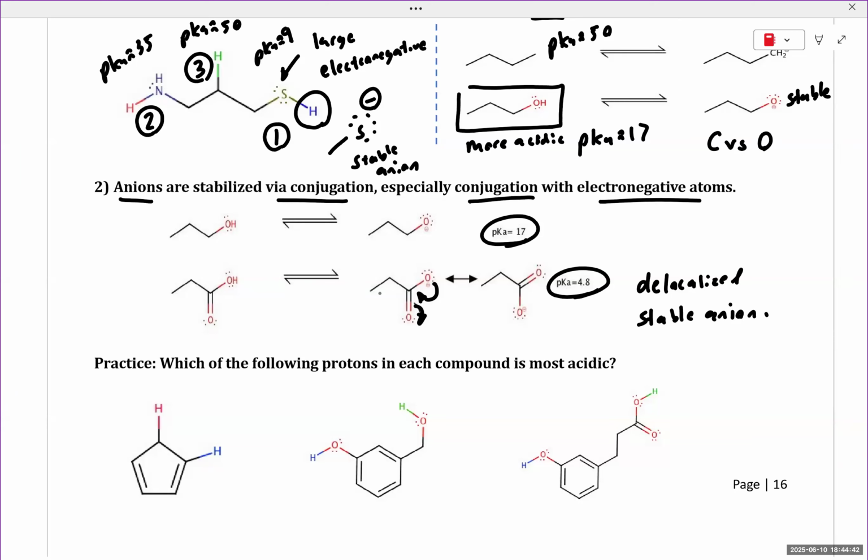One thing I'd like to draw your attention to is that in the carboxylic acid, this anion is not just stabilized via conjugation to any atom, it's especially stabilized because we can distribute this negative charge across a large number of electronegative atoms in particular.